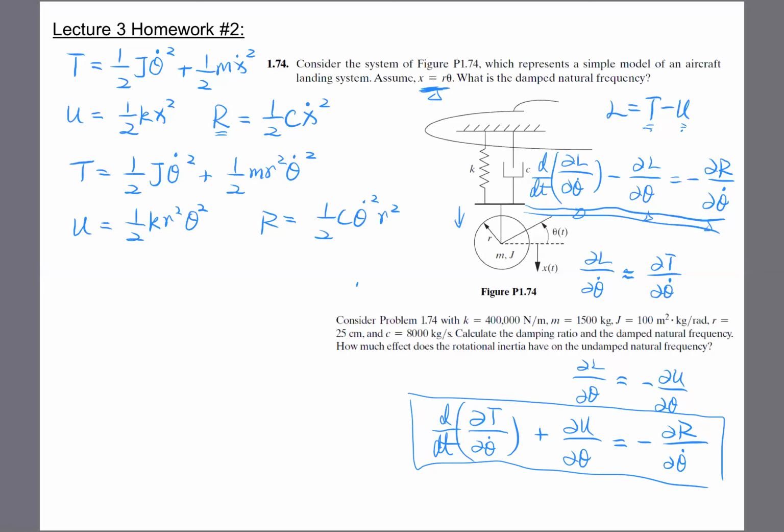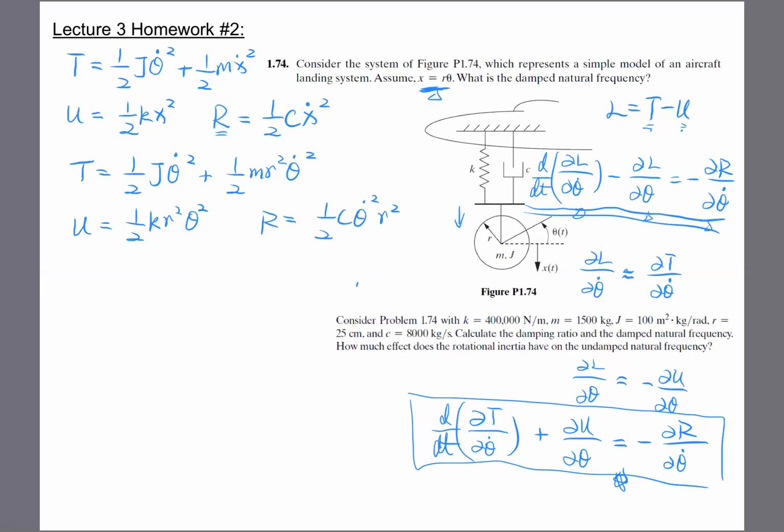You may use this form in this vibration class because we're only dealing with linear systems, and all the components we're dealing with are springs, dashpots, and masses. They're all linear components, so this relationship always stands. But if you go outside of this classroom, you might need to deal with nonlinear systems.